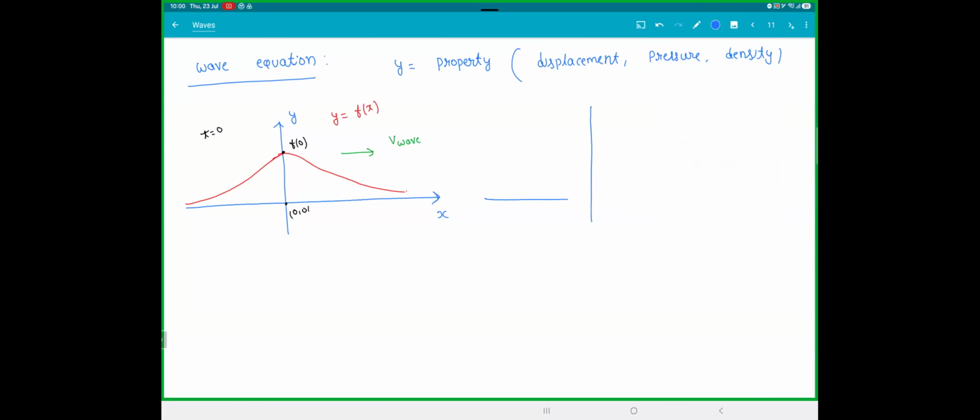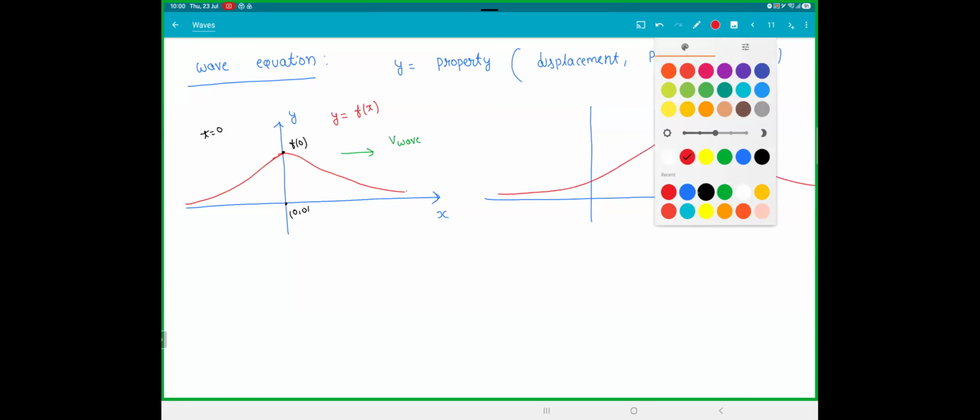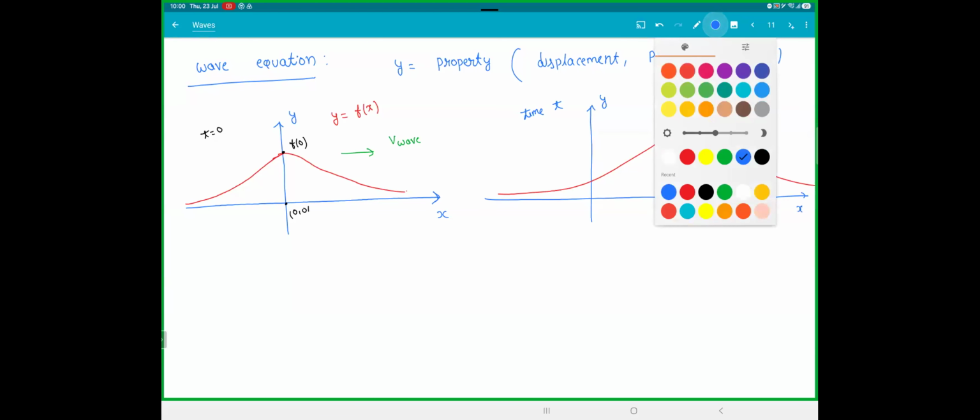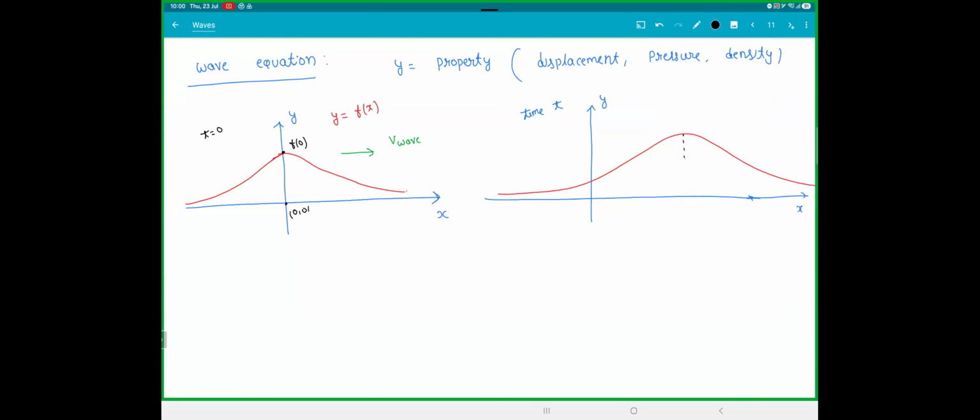After time t, this bump would have moved forward and you would have got it like this. So what happened here? This point here got shifted by vt comma 0.